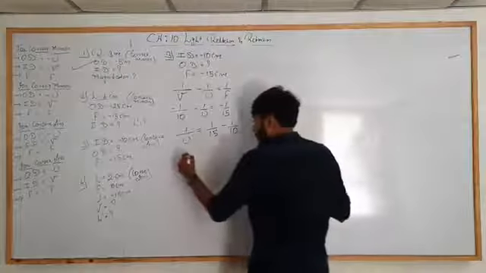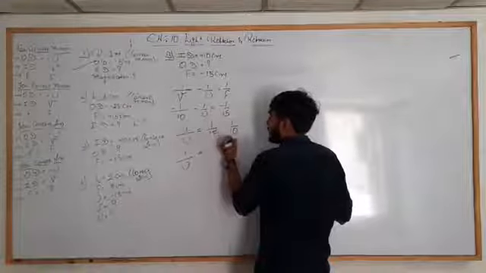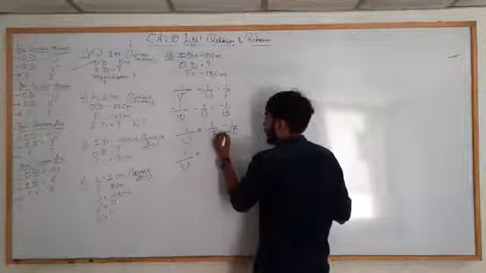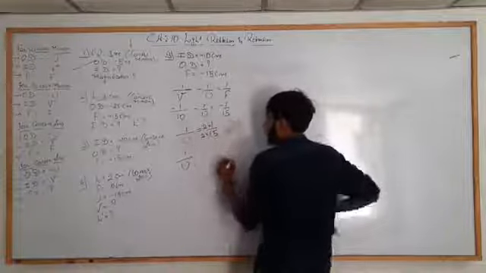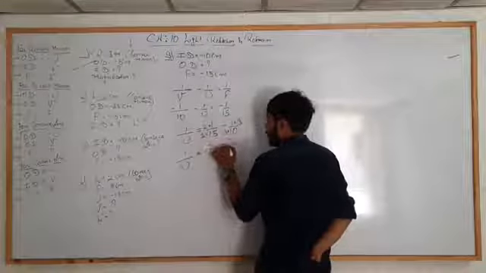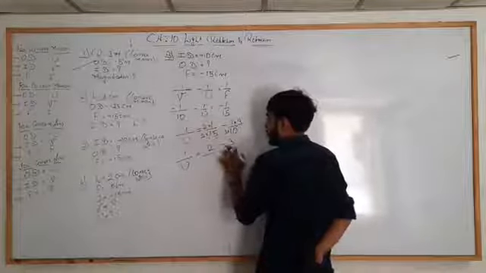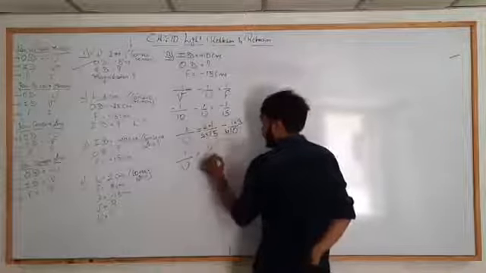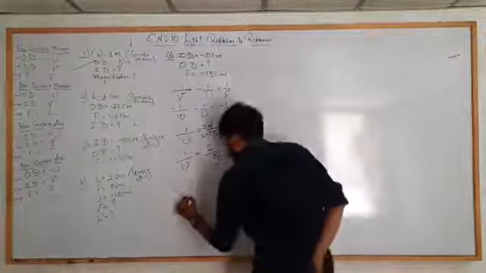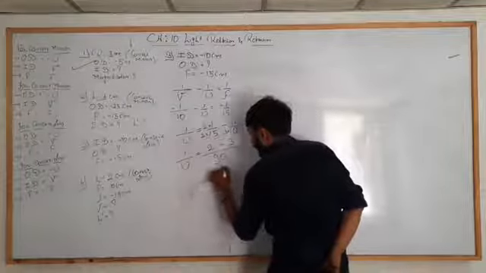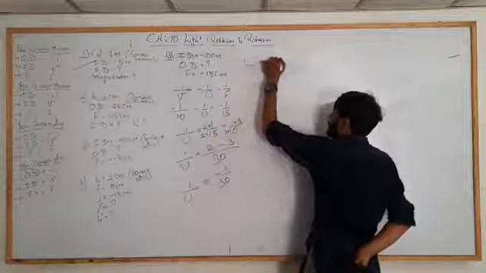So 1 upon U is equals to, we can take the LCM. This can be multiplied with 3 and this with 2. So this with 2 and this with 3. And so that becomes 2 minus 3 upon 2 1s are 2, minus 1 3s are 3. The 2 minus 3 upon 15 2s are 30. So that is this. Now we need to find 1 upon U. So 1 upon U is equals to minus 1 upon 30. And so you can tell that U will be minus 30 centimeter.